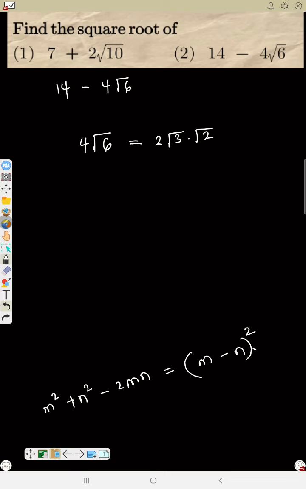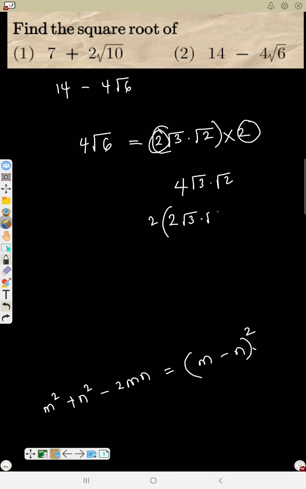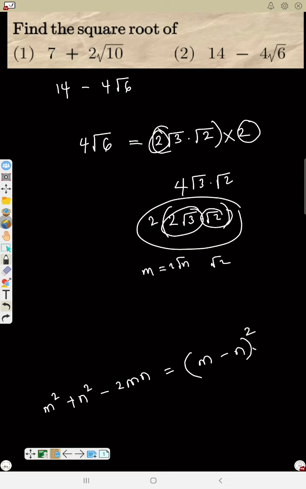So if I have this 2 root 3 times root 2, then times 2, so that 2 times 2 will be 4. So that will be like 4 root 3 times root 2. You know it will be root 4 root 6, which is 2 root 3 times root 2. So it's this one that will now determine. That means my m is 2 root 3 and n is root 2. So that's the technique.